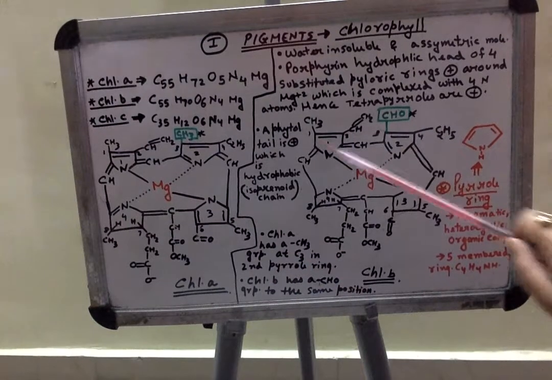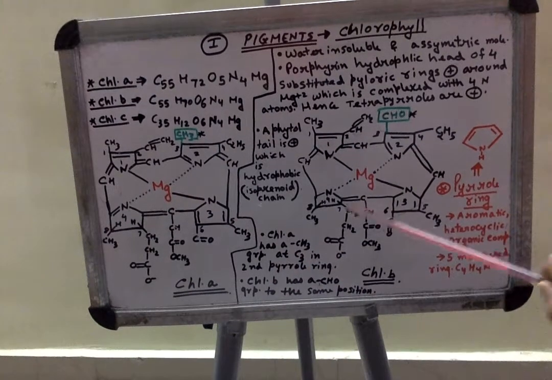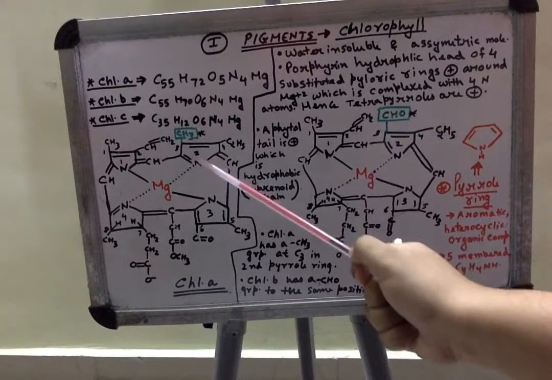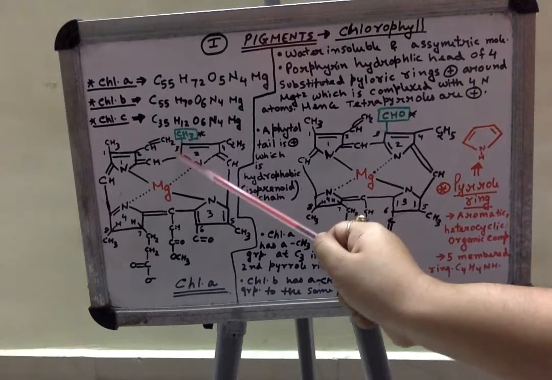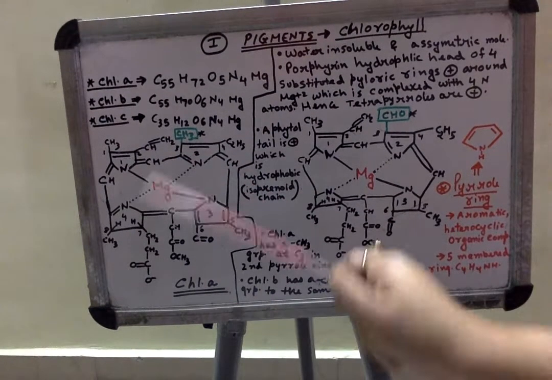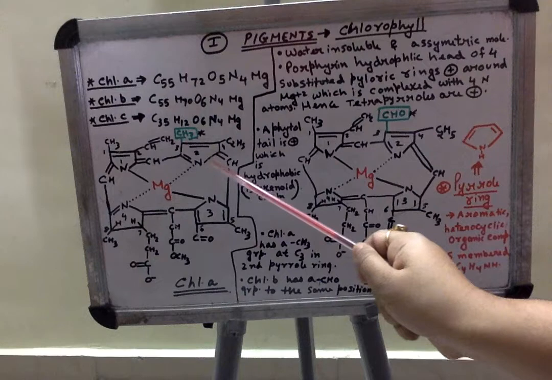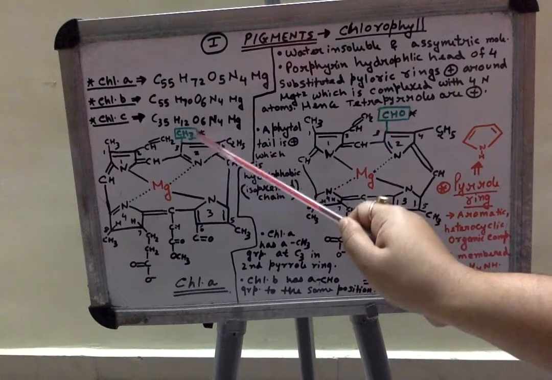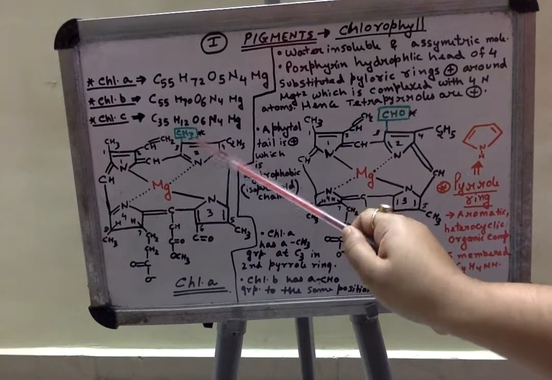Similarly here also 1, 2, 3, 4, 5, 6, 7 and 8. In chlorophyll A, the third carbon of the second pyrrole ring has a methyl group, that is CH3 group.